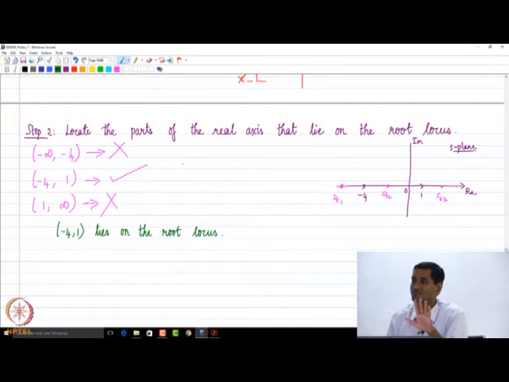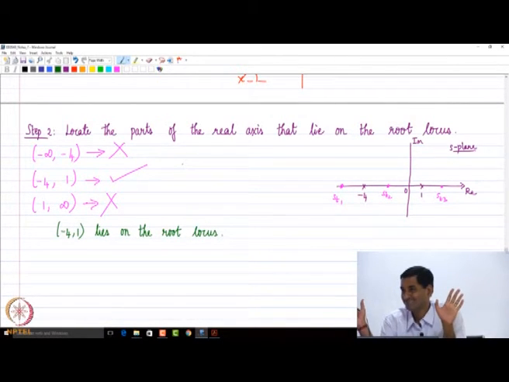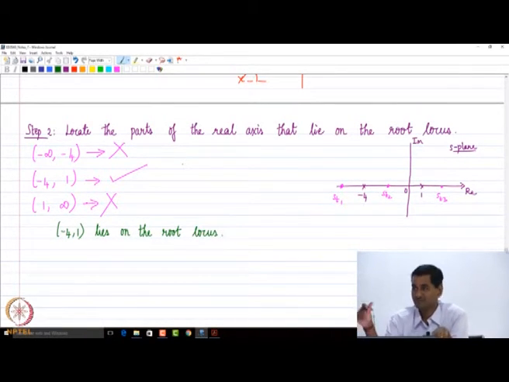This condition, you just need to look at the fact that when you take a test point on the real axis, look towards the right and the count should be odd, okay? Because I can have an arbitrary distribution of real and complex open loop poles and open loop zeros, right? So let's not relate them to n minus m or n minus m minus 1 here. That will not hold true in general, okay? So we just want odd and even.